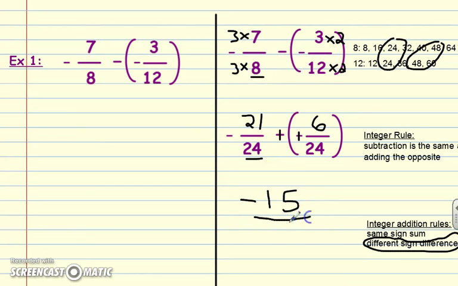Now this stays over 24. The denominator stays the same. And then we just reduce. 15 and 24 can both be divided by 3. And your final answer is negative 5 over 8.